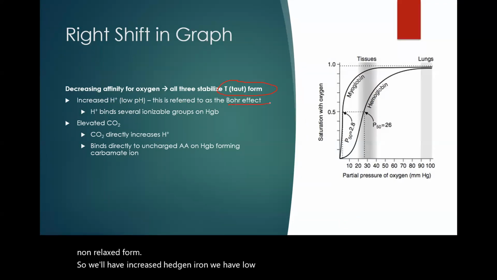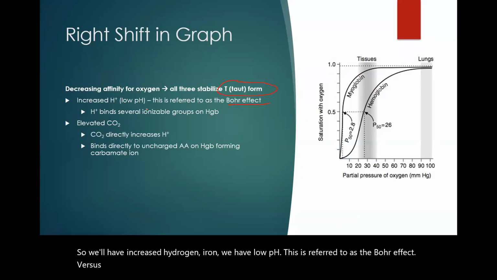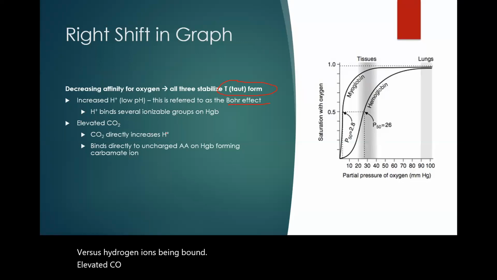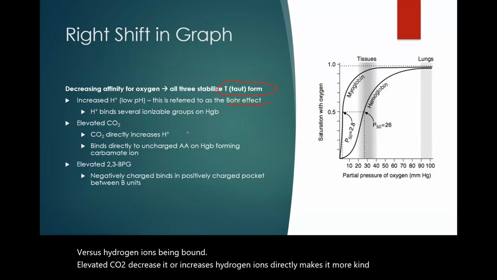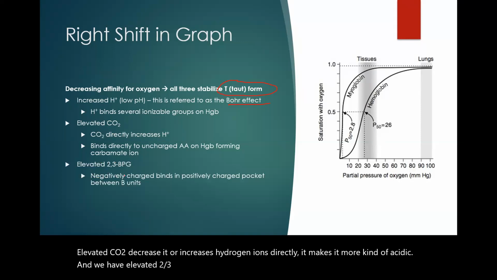This is referred to as the Bohr effect. Elevated CO2 increases hydrogen ions directly, making it more acidic. And we have elevated 2,3 BPG. I think this binds between our beta units, and I think it can bind and block our beta units, but don't quote me there.